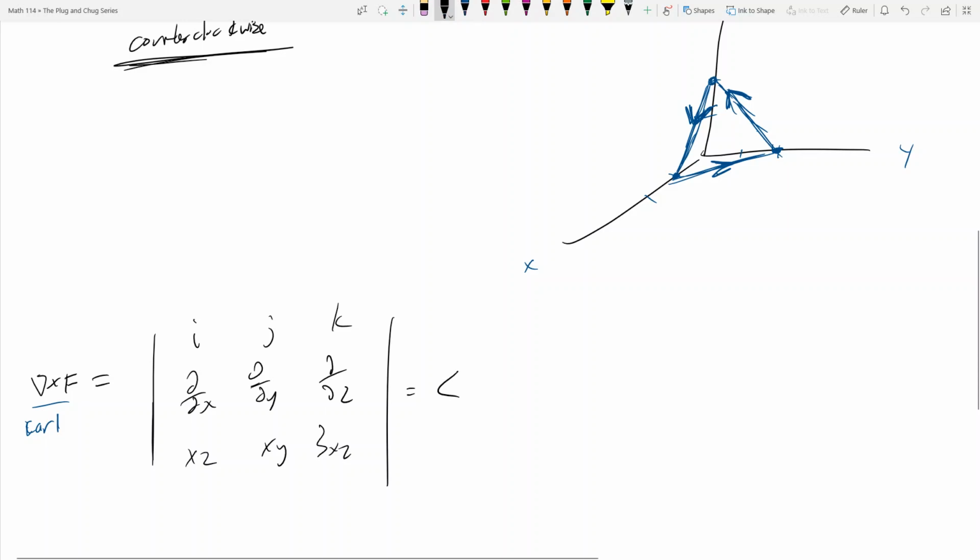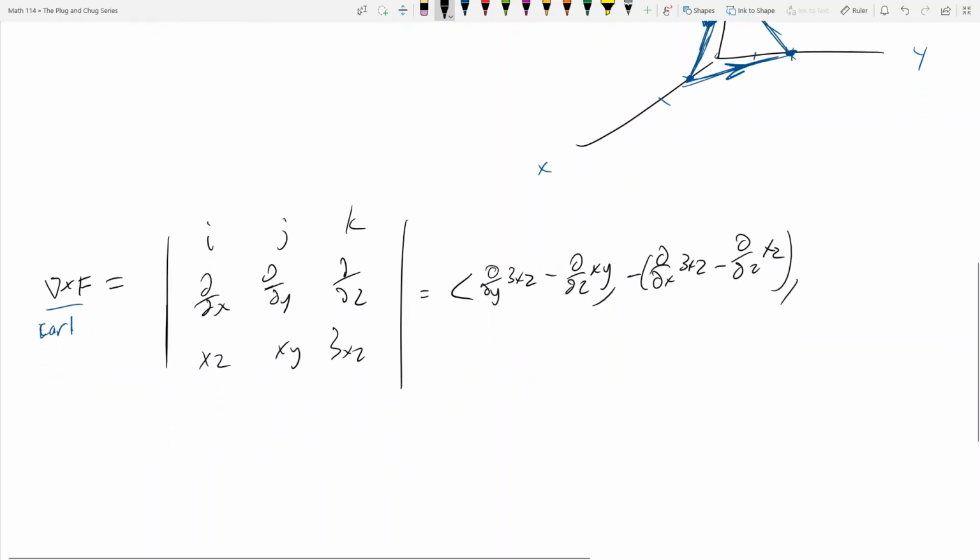So del cross F becomes: you get partial of y of 3xz minus partial of z of xy, comma, then negative partial x of 3xz minus partial of z of xz, comma, partial of x of xy minus partial of y of xz.